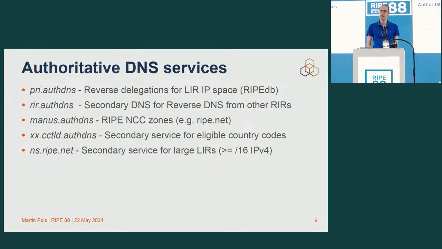This is the secondary DNS for the reverse DNS delegations of the other RIRs. This is a full mesh setup, so each RIR is a secondary for the reverse DNS space delegations of all the other RIRs. Then we have manus.auth-DNS, which runs our own zones like ripe.net. And then the last two are ccTLD and ns.ripe.net, about which I want to talk a bit more.